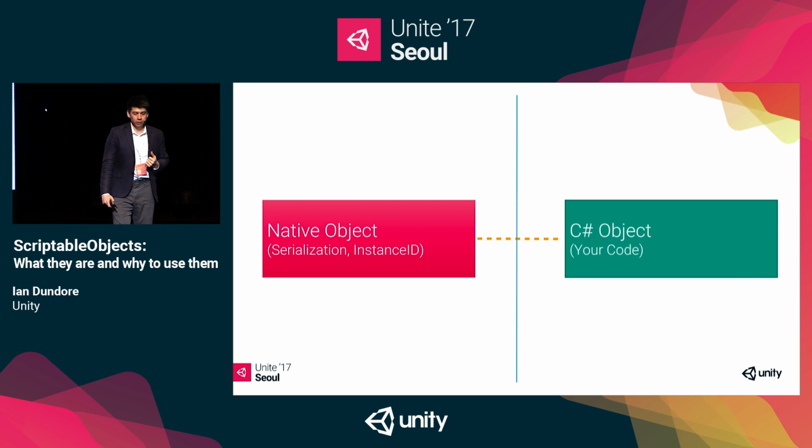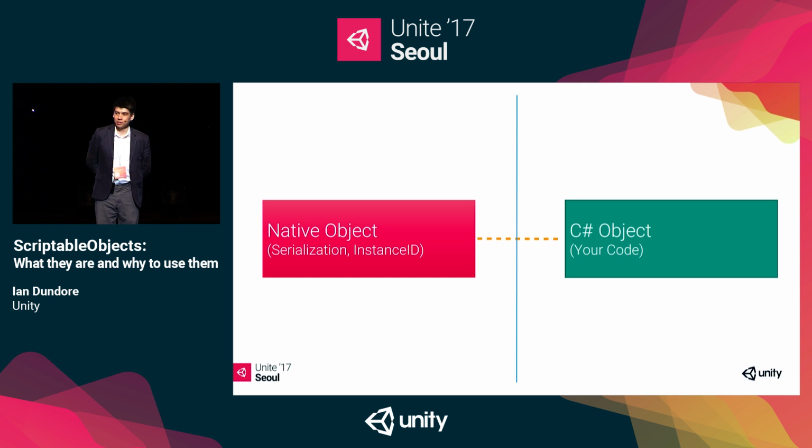The C++ part, represented by the red box, handles the interface with the rest of the Unity engine. It's responsible for serializing your data and for giving the object a unique identity. That is the instance ID, which you may have seen while browsing the Object API. The C# side is just your script. That's this blue box here. You control that completely.